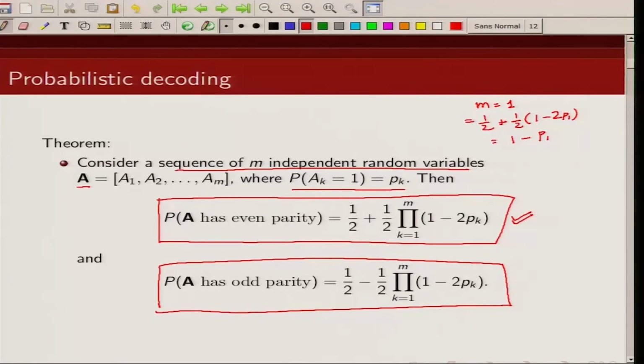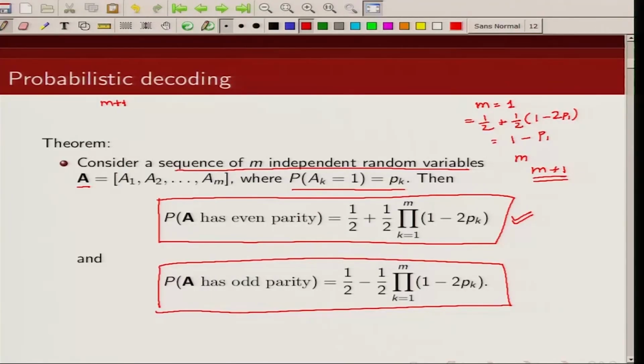Now, let us see if it holds for some m, then we have to show that it also holds for m plus 1. To show that, we have to find the probability that a sequence of m plus 1 independent random variables has even parity. When will the m plus 1 independent random variables have even parity?